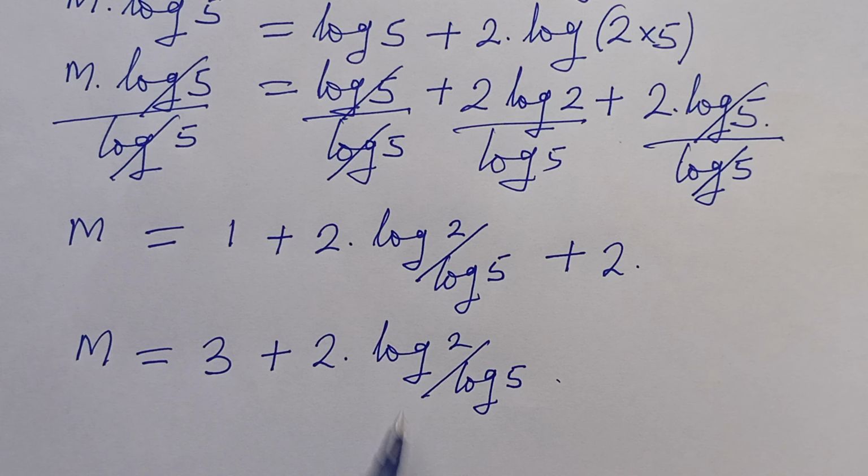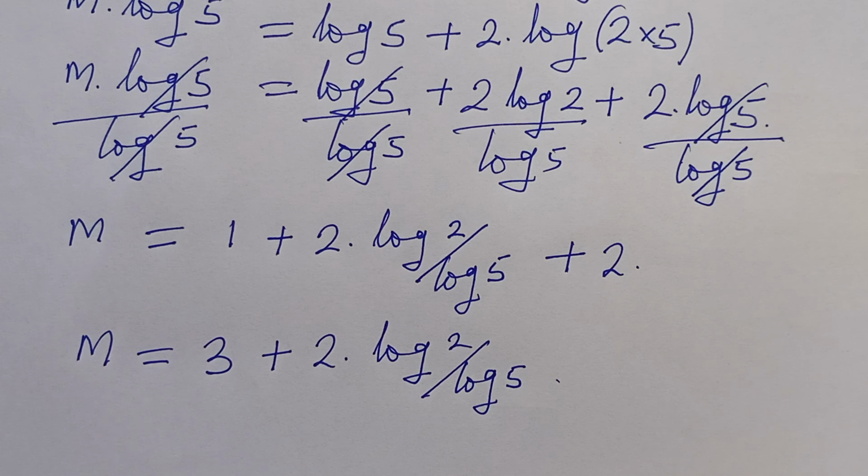But I want to rewrite this in a simpler form. Another way of rewriting this, because we have this to base 10, we have this to base 10 also, but I want to change the base to base 5.